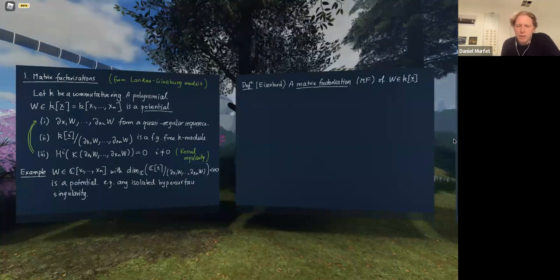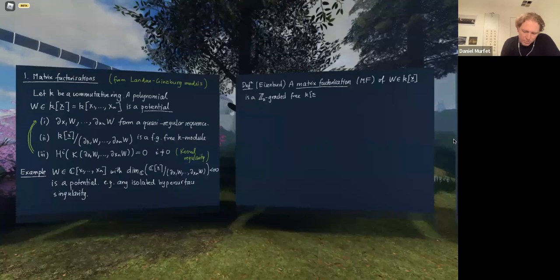So a matrix factorization, or MF, of a potential W is a Z2-graded free K[x]-module, possibly of infinite rank. To say it's Z2-graded says that it comes as an even and an odd piece.